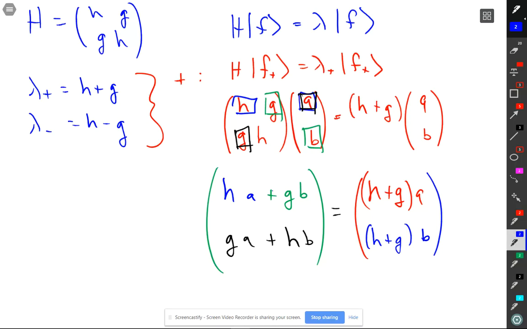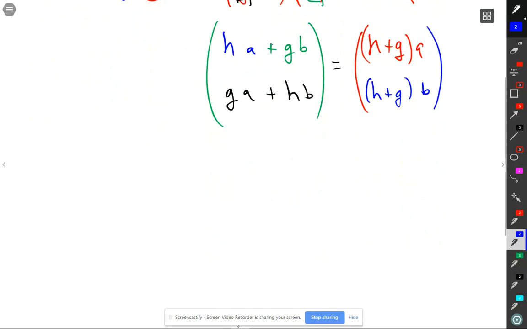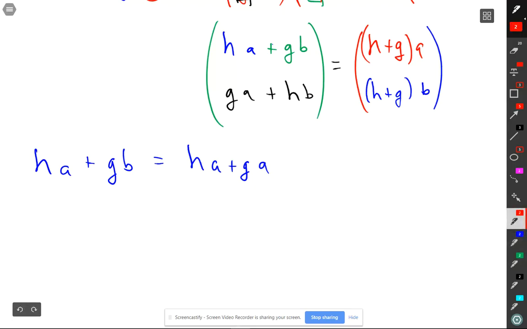Those two separate equations are HA plus GB equals HA plus GA, and GA plus HB equals HB plus GB. So I have two equations and two unknowns. If you have two equations, two unknowns, that's always enough to solve.